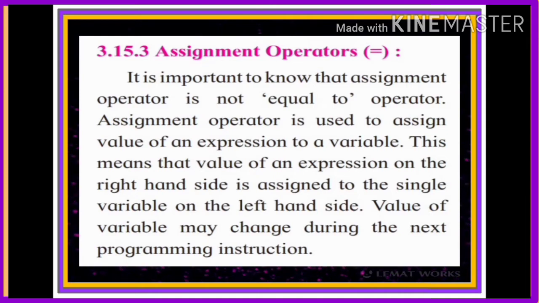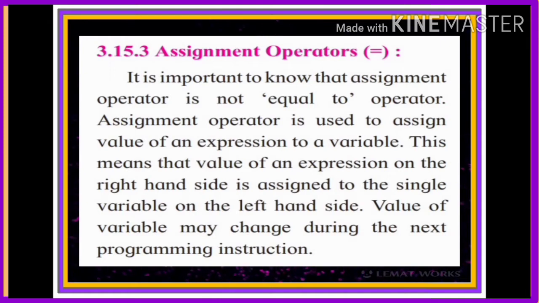Next important operator is assignment operator, which is represented by equal to sign. It is important to know that assignment operator is not equal to operator. Assignment operator is used to assign value of an expression to a variable. This means that value of an expression on the right hand side is assigned to the single variable on the left hand side.